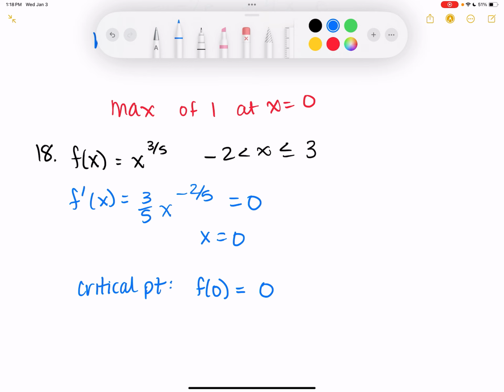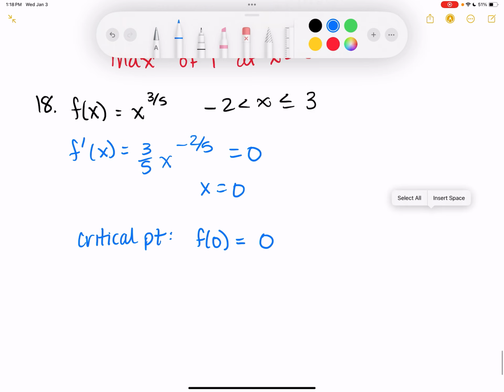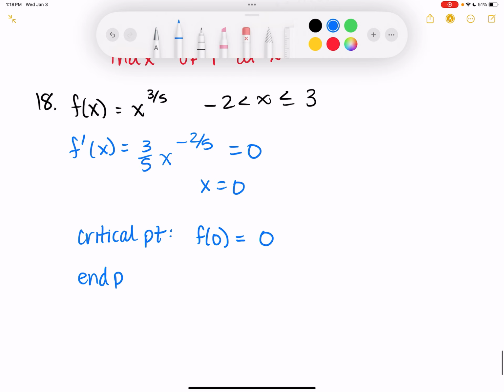I need to check something on that. Anyway, the endpoint. I don't even need to check the -2 because it's just less than, so it can't actually be a max or a min. So I'm just going to check f of 3.